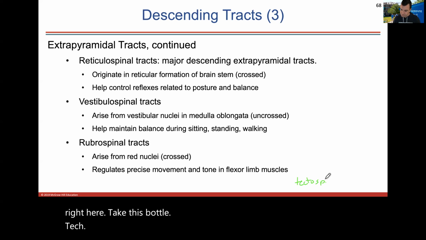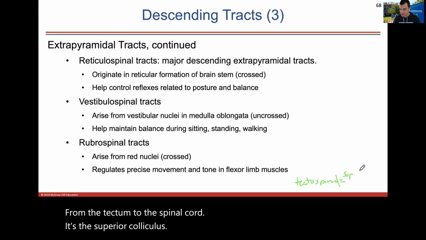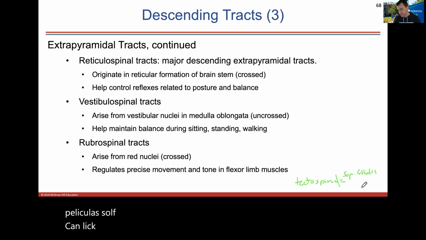From the tectum to the spinal cord, it's the superior colliculus. Colliculus, C-O-L-L-I-C-U-L-U-S. Okay. And it's involved with reflexive eye and head movements. Okay. So there's a tectospinal in here.